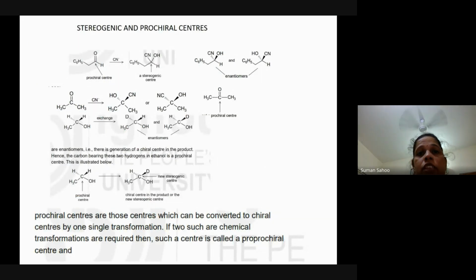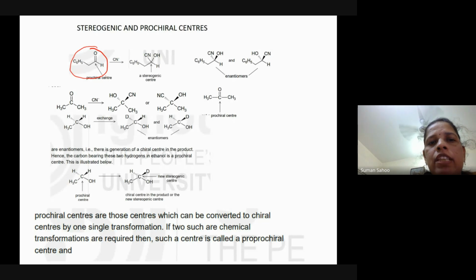Next comes your stereogenic and prochiral centers. Okay, so you see, when we have this kind of keto group, when we add anything, we are generating a chiral compound. So at this center, we are generating a stereogenic center.